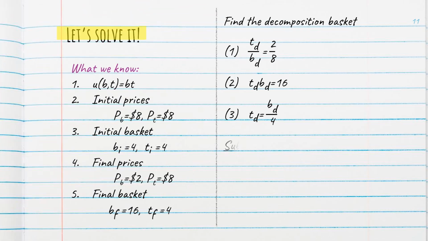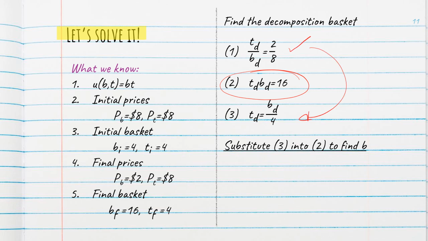Now we're going to take that equation 3 and we're going to substitute it into 2. So in particular, we use this equation to generate this equation. And now we need to use that second condition where the decomposition basket generates the same amount of utility as the initial choice. So I plug in what I know.